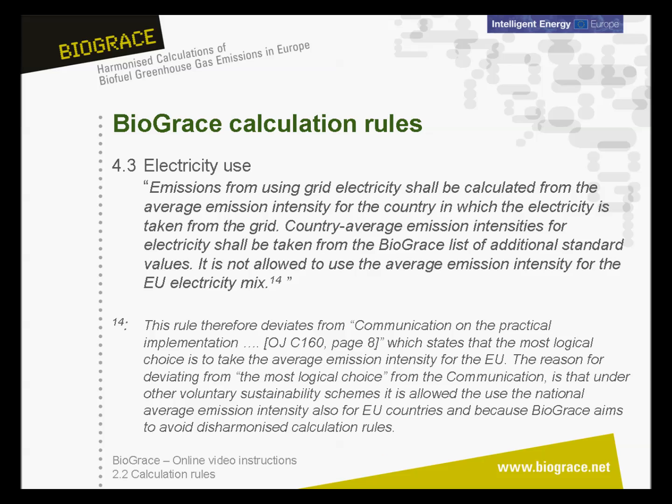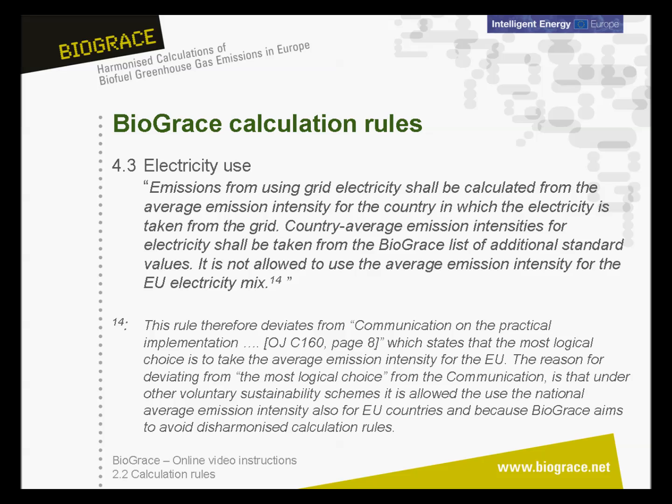Rule number 4.3 is about the use of electricity taken from the electricity grid. This is the only calculation rule where BioGrace deviates from one of the communications from the Commission, as is explained in the footnote to this rule, which is copied on this sheet. The communication of the Commission states that a European average of the emissions from electricity from the grid may be used.